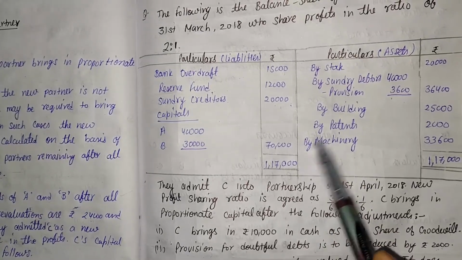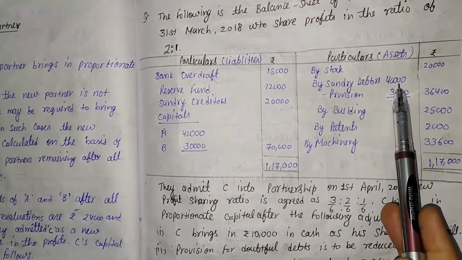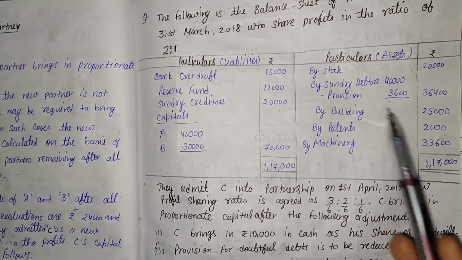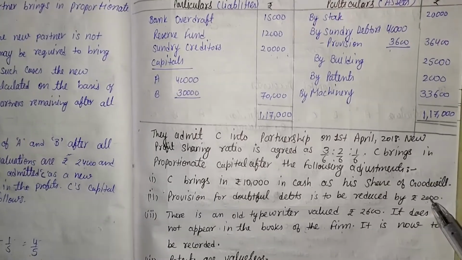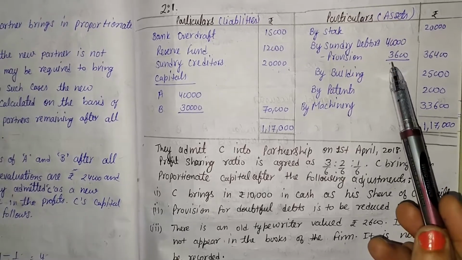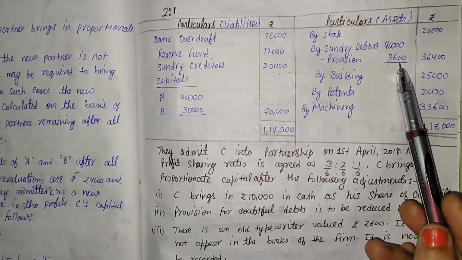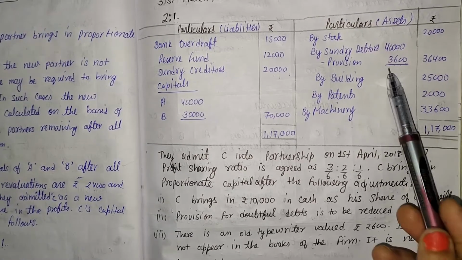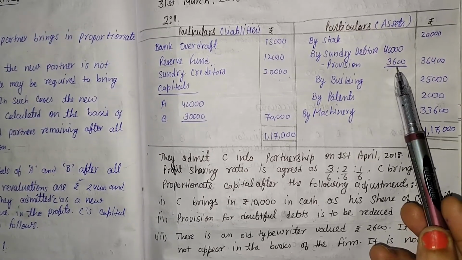Then sundry debtors by rupees 40,000, but now sundry debtors' provision is reduced by rupees 2,000. It means before this the provision was 3,600, but now it is reduced by 2,000, so the provision is only rupees 1,600.